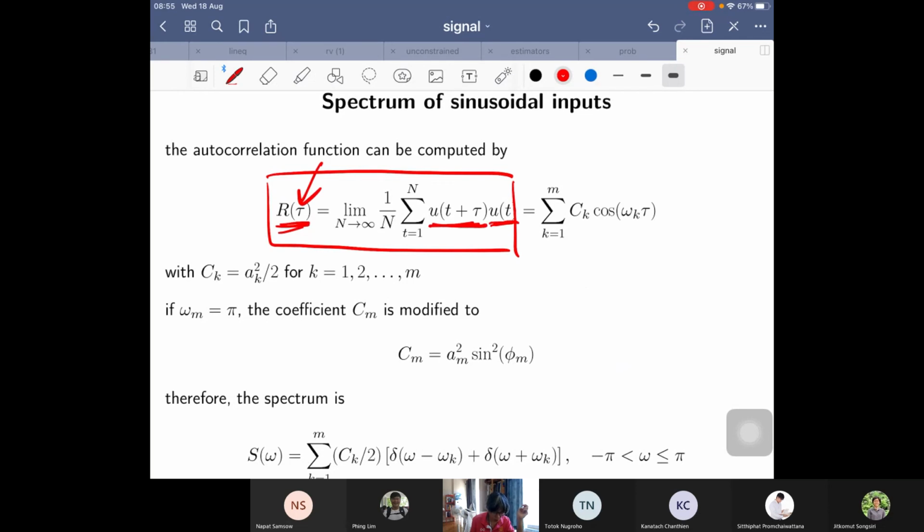You shift u from time t to t plus tau and multiply with u(t), take the average over N time points, and you allow N to be large enough.